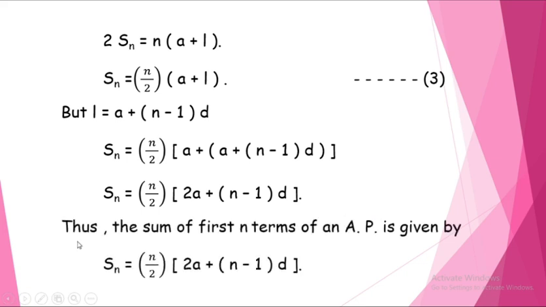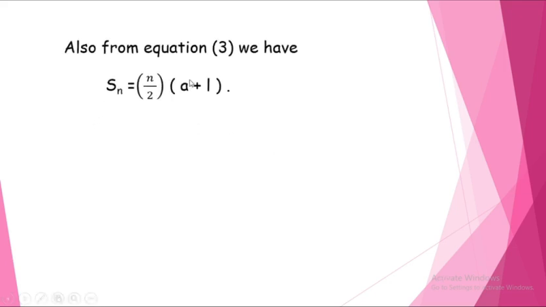Thus, the sum of first n terms of an AP is given by Sn is equal to n by 2 into bracket 2A plus n minus 1 into D. Also from equation 3 we have Sn is equal to n by 2 into A plus L. A is the first term, L is the last term.